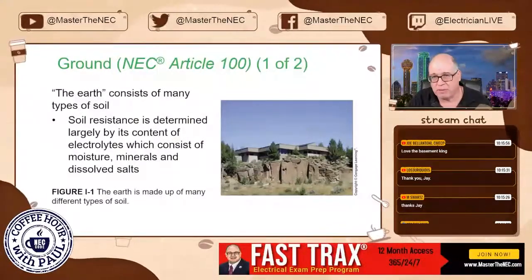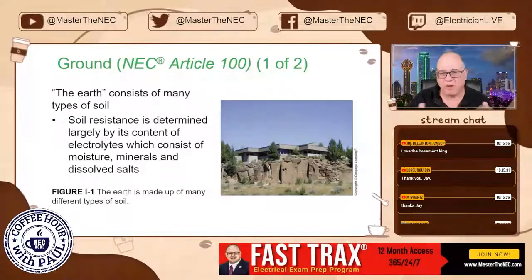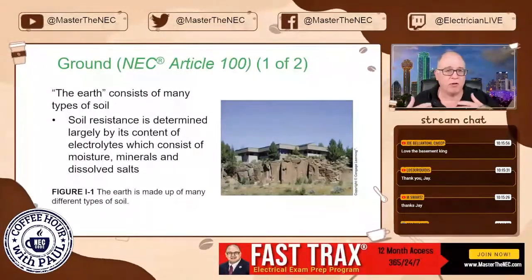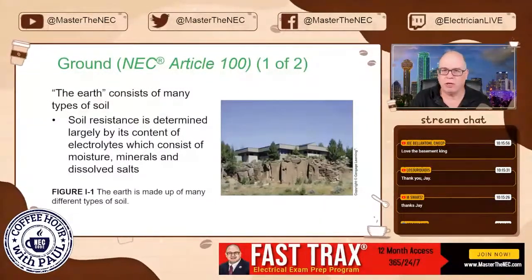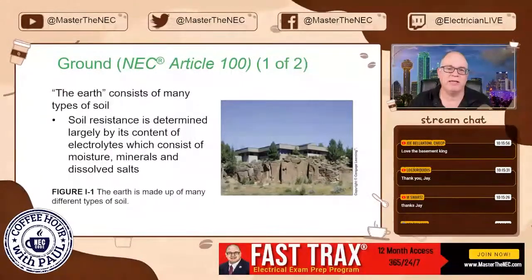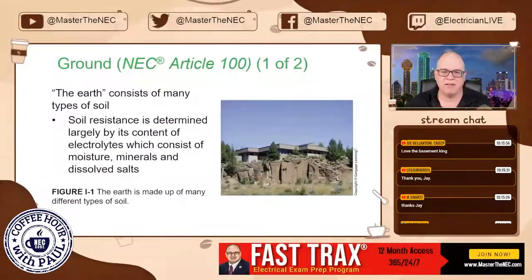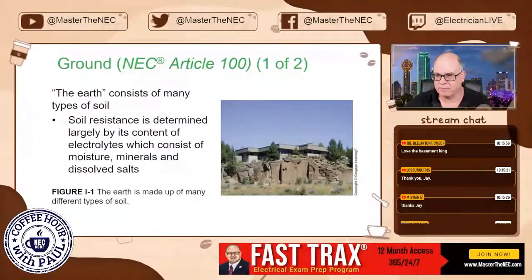In some places, it's extremely moist soil. All of that's going to change the resistance of the earth, okay? And we put electrodes in the earth to make that connection to the earth. So soil resistance is determined largely by the content of electrolytes that are in that soil, right?